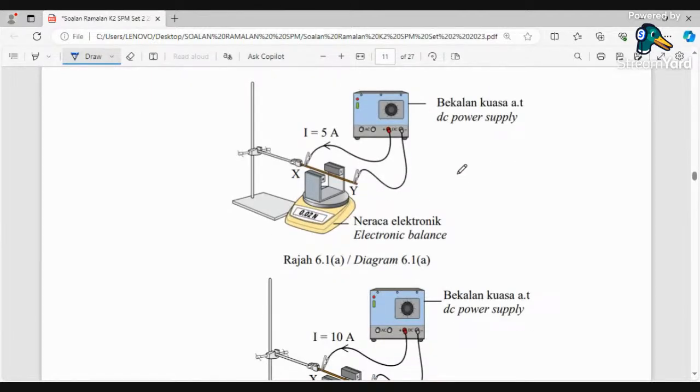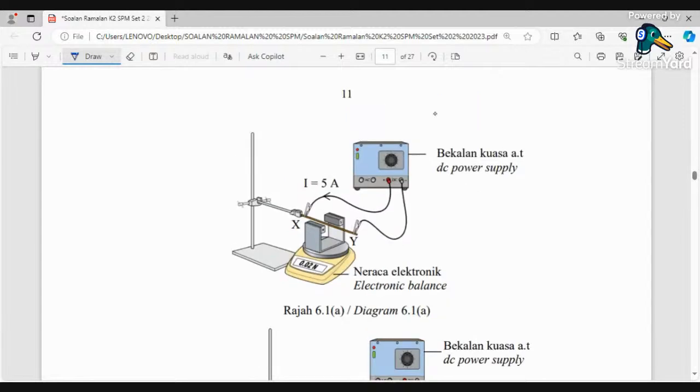Okay, we can look at here. There is a DC power supply. Okay, and then we have conductor XY. Okay, when current flows, you can see there is a reading on the electronic balance.